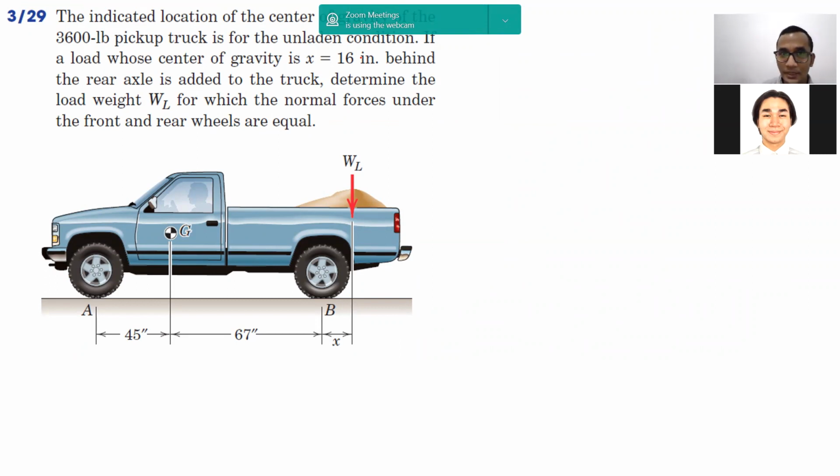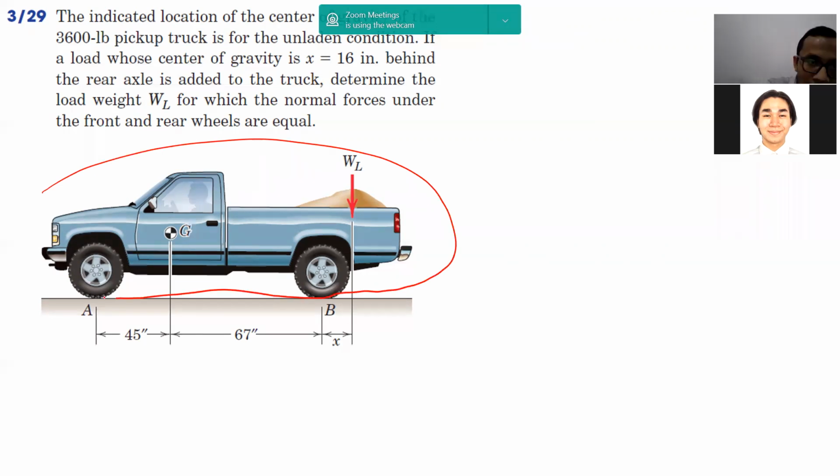For example, this problem yesterday, when we solved for this, you can see that what we draw is just the truck, with its own weight and the load weight. We do not draw the ground anymore, because we want to solve only the truck.